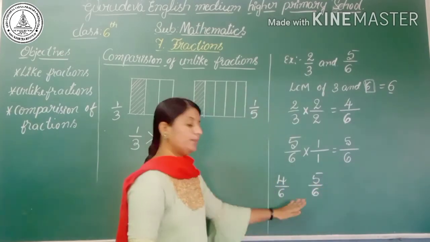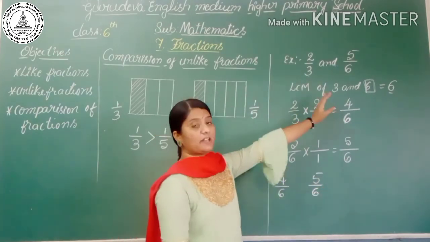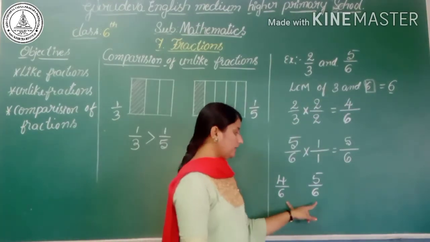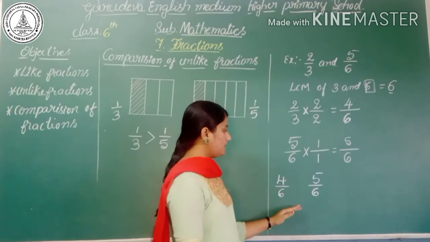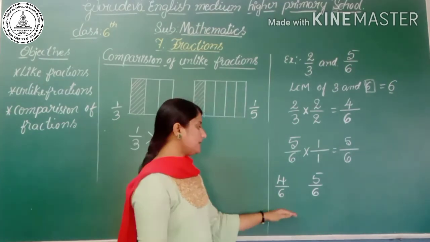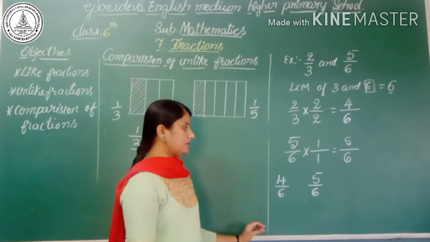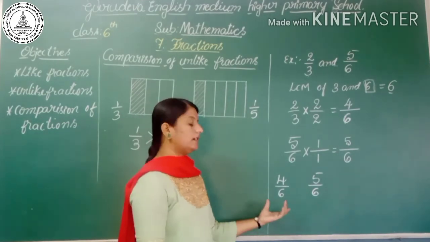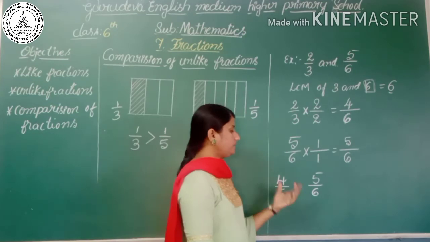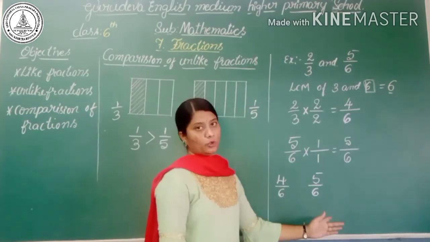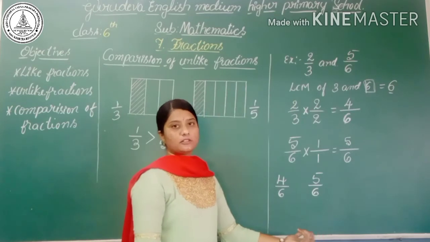Yes. Now the unlike fractions are converted into like fractions, right? So having the same denominator. Yes. Now you compare. So 4 by 6 and 5 by 6, which is the greater fraction? Yes, we know that for like fractions, the one having the greater numerator is the greatest fraction.